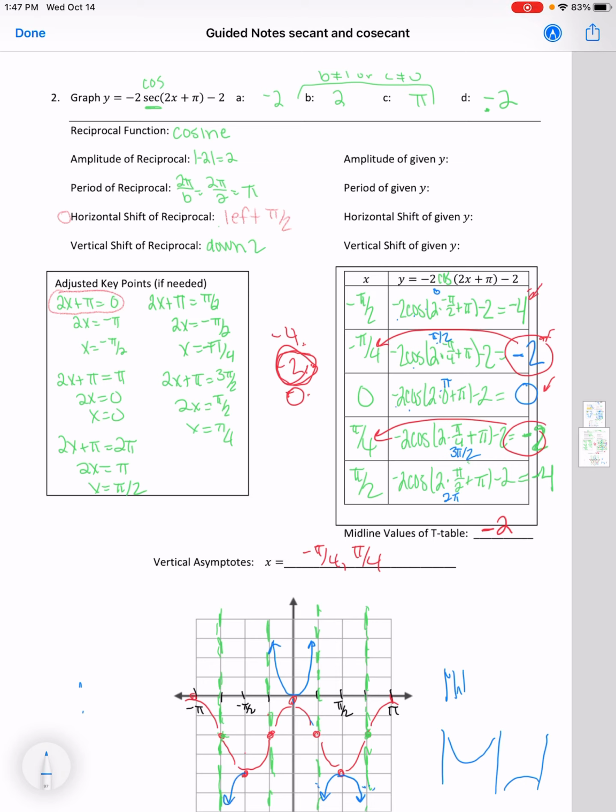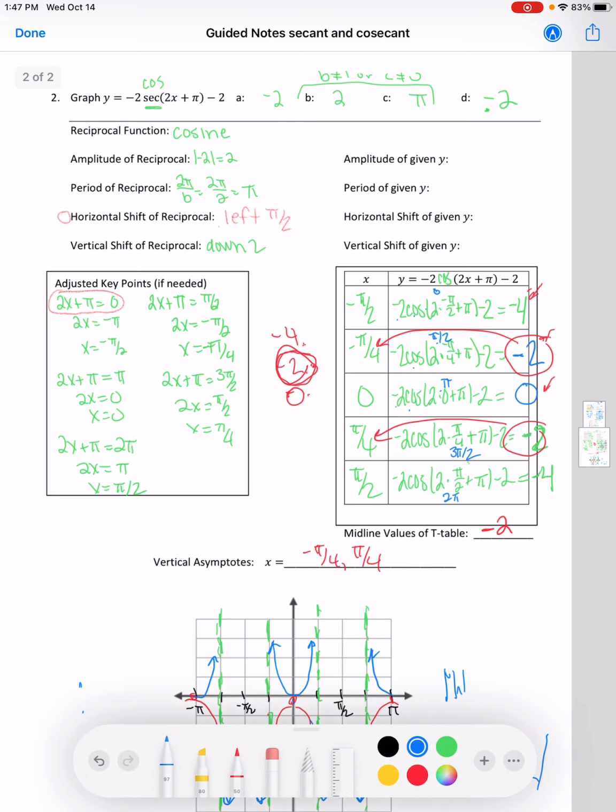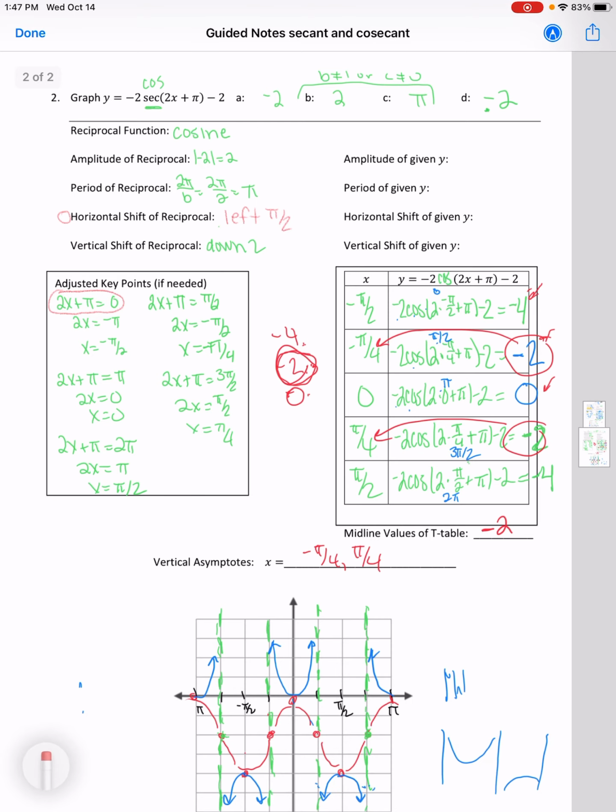So we go here and here. I could do half, and I could do half because I only have half of it. And then we just come in and we take away that red curve. And there's your graph.